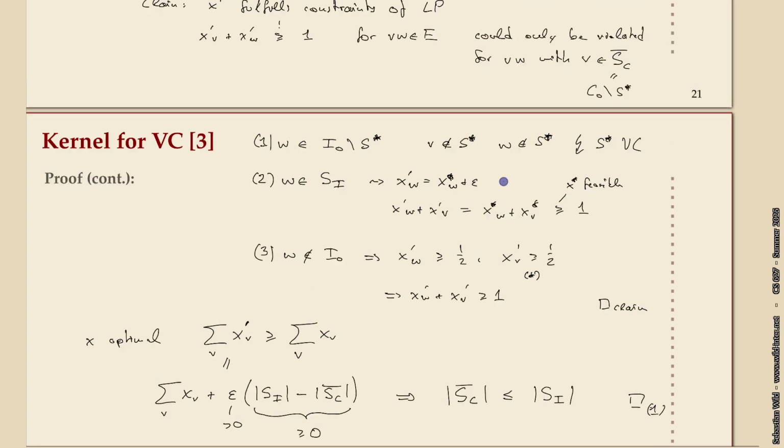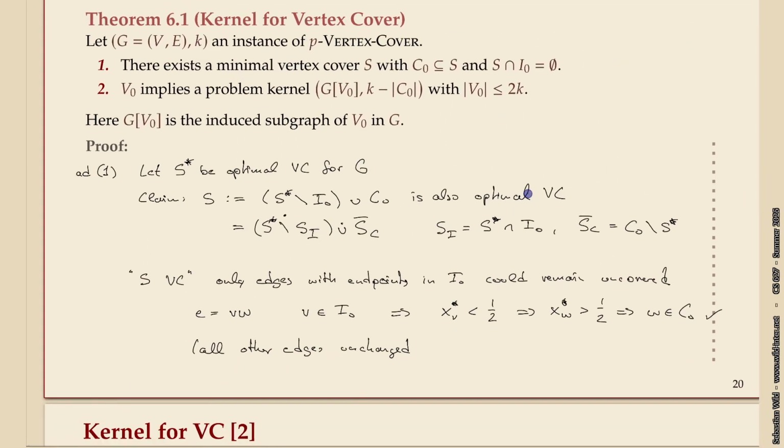Okay? We've shown we can take an arbitrary optimal vertex cover. We can transform it into one that satisfies the conditions from the theorem, namely include all the vertices where the variable is strictly greater than 1/2, and get rid of all the vertices that have values strictly less than 1/2, and the result is still an optimal vertex cover.